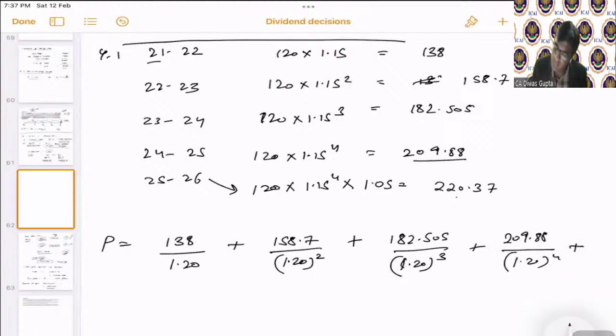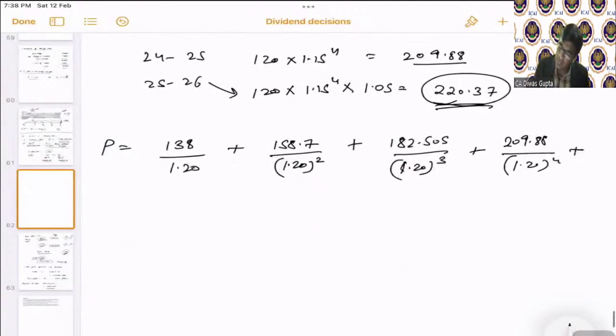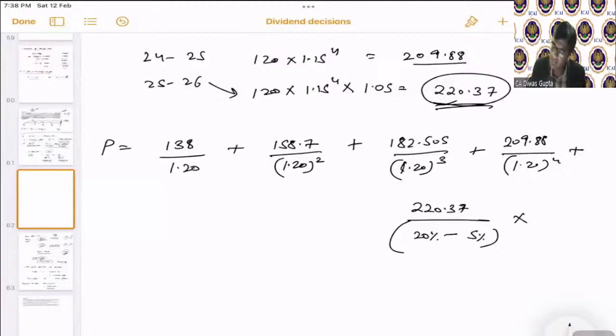And then for terminal value, it will be 220.37 divided by 20% minus what is the indefinite growth? 5%, right? And this whole, we will have to take it as divided by 1.20 raised to the power 5. Right, students?